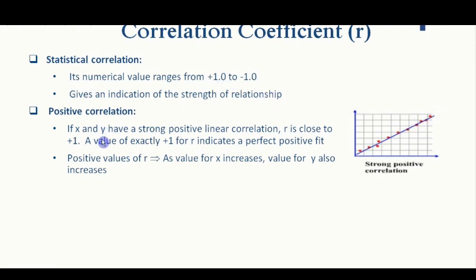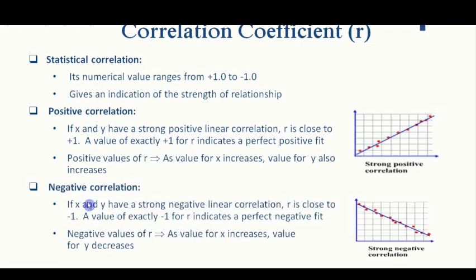Obviously, when you have +1, that means it is the maximum positive correlation between the two variables. It also indicates a perfect positive fit. So it is like y equal to 3x plus 5. You can find a formula between y and x which is of linear type, and then the correlation coefficient will be equal to plus 1.